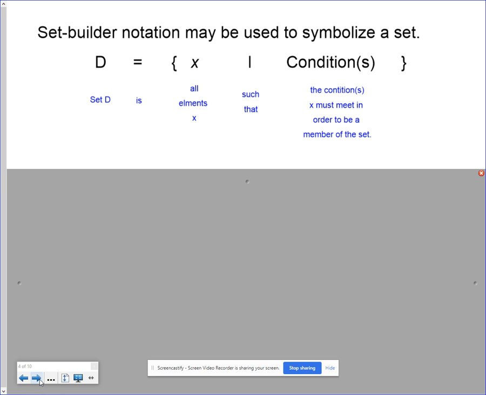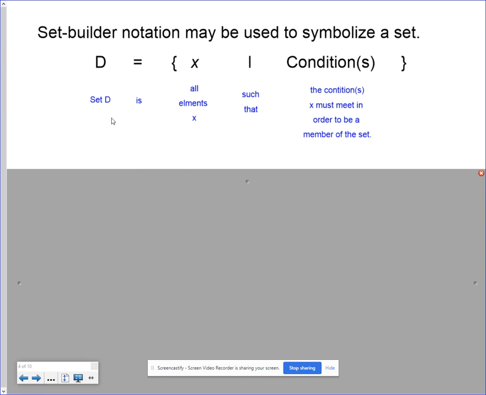All right, the third way that we need to talk about sets is called set builder notation. This is going to be the most difficult to understand. I want you to take a picture of this with your cell phone or write it down. This is really important. So this is how we're going to write it in set builder notation.